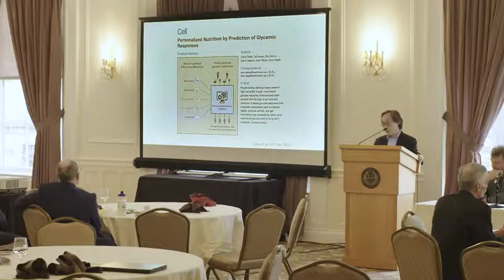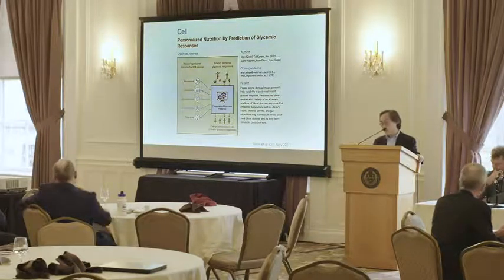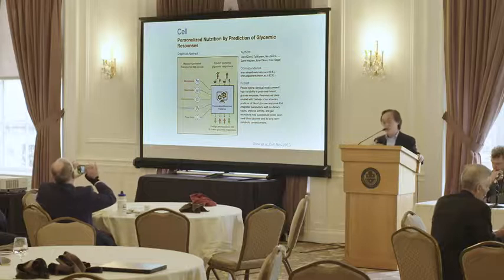Millions of variables were entered into this machine learning algorithm. And then they developed the predictor called the personalized nutrition predictor, basically AI, that can tell each individual patient what kind of food to eat and what kind of food to avoid to better control their blood sugar.